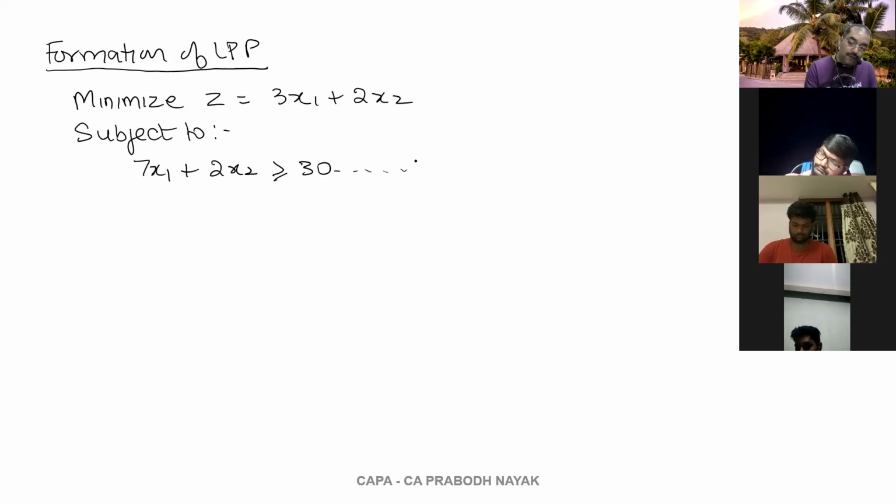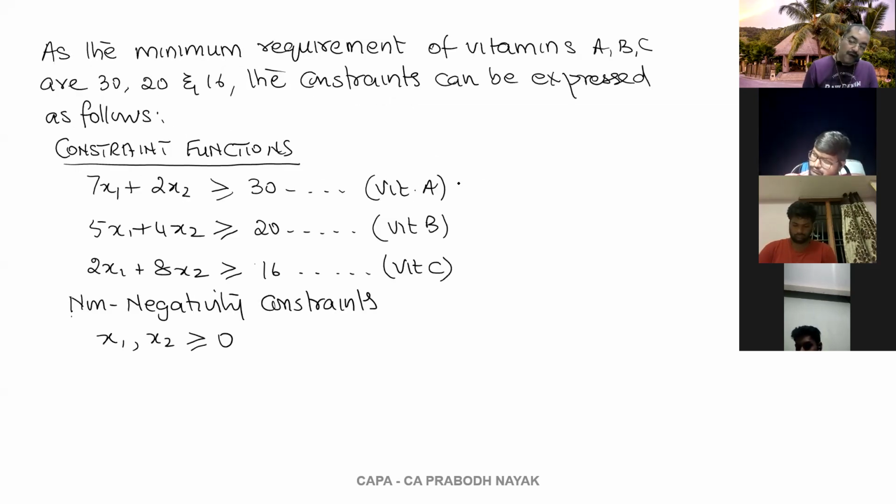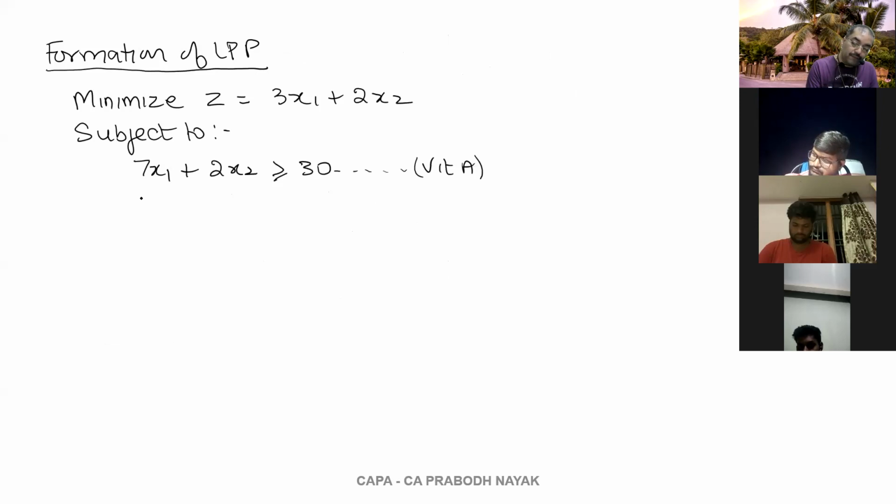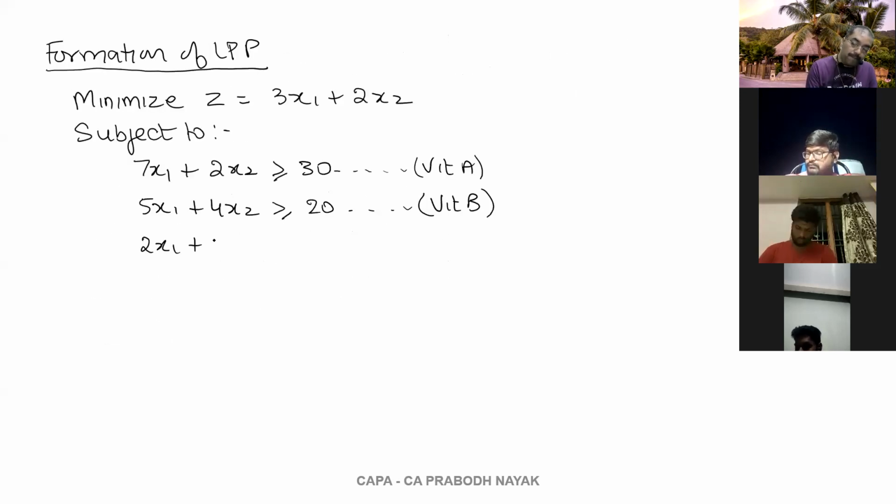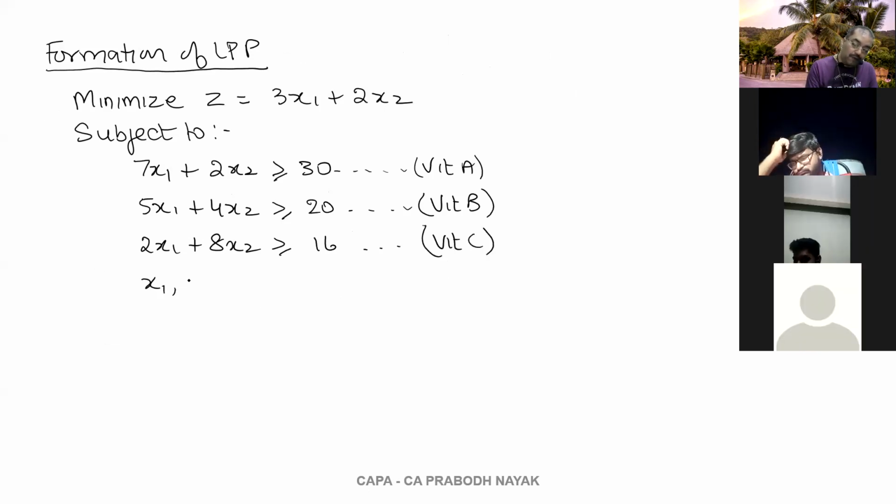This is your vitamin A function. 5x1 plus 4x2 greater than or equal to 20. And 2x1 plus 8x2 greater than or equal to 16. x1 comma x2 greater than or equal to 0.